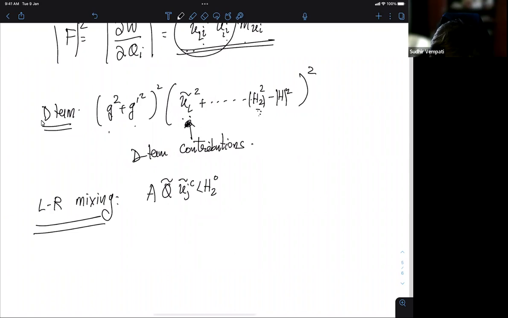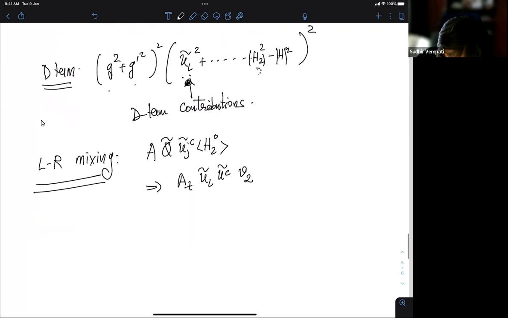So when H2 gets a vev, this gives me A_t U tilde U_R or U^c tilde, sorry, times v2. So this is one particular combination you'll get.